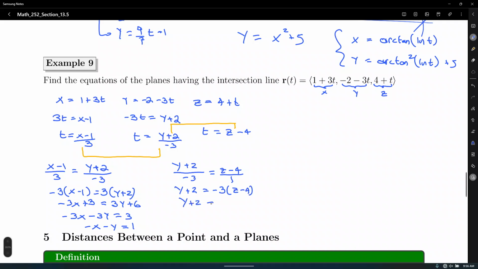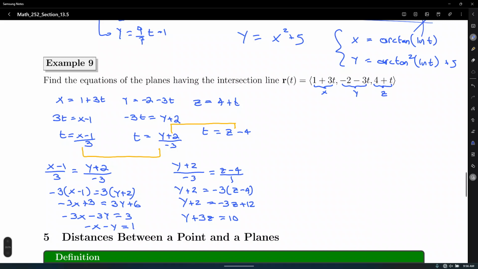Y plus 2 equals negative 3z plus 12. Let me add 3z to both sides. That's y plus 3z, and subtract 2 from both sides. That is equal to 10. So those are the 2 equations of the planes having that line of intersection.